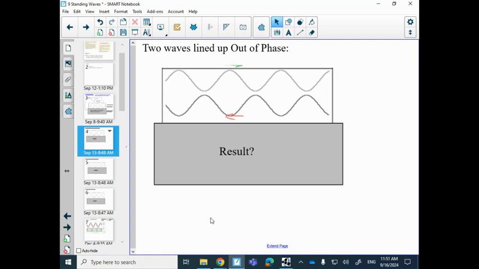I'm going to just put a line in for the rest position of the two springs, or the two materials. And we can see that at this point here, there's a negative and a positive amplitude. So we'd have a negative amplitude combining and adding up with a positive amplitude.